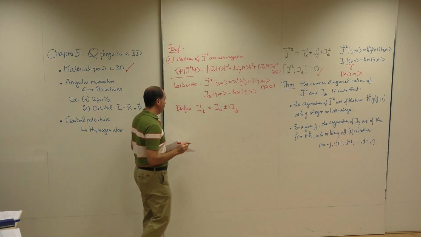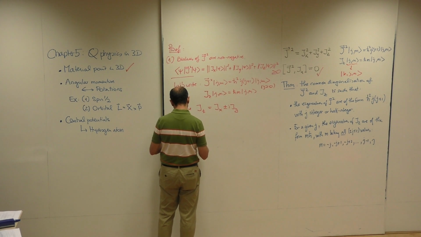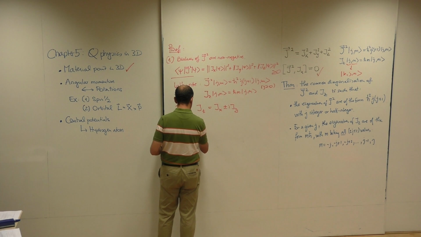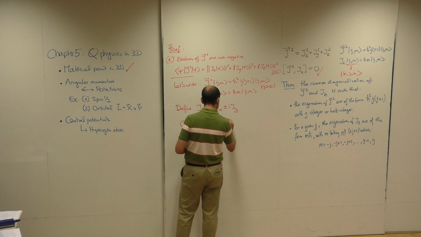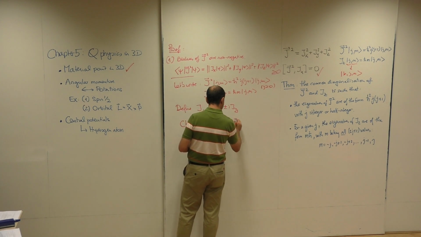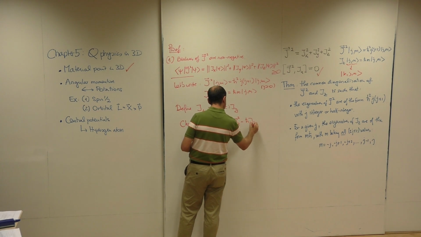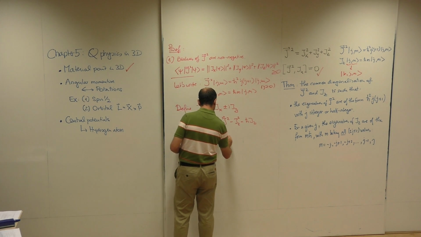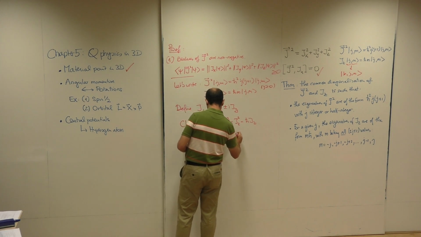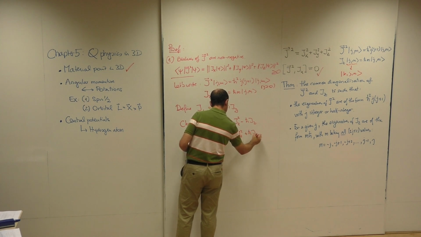And you can check, I think it's in a tutorial, these things are going to be useful. J minus J plus is equal to J square minus Jz square minus h bar Jz, and J plus J minus is equal to J square minus Jz square plus h bar Jz.